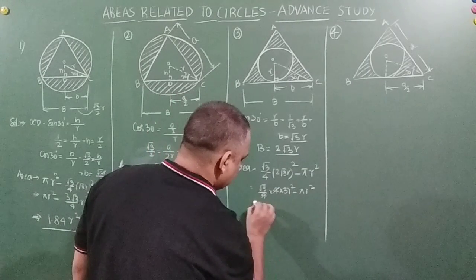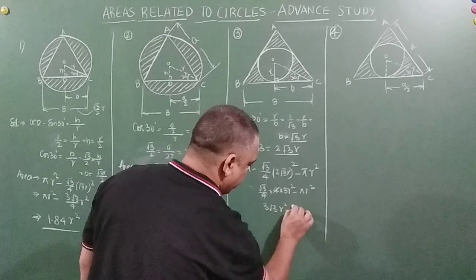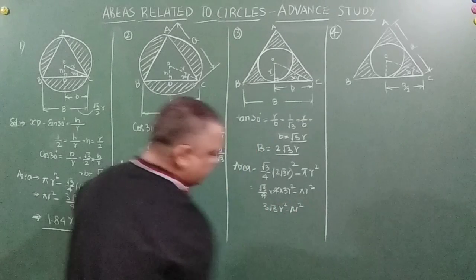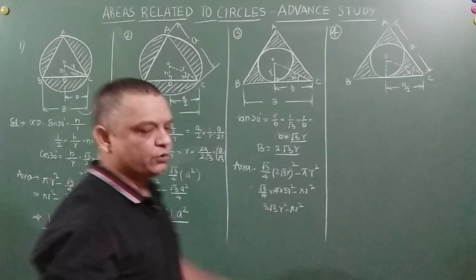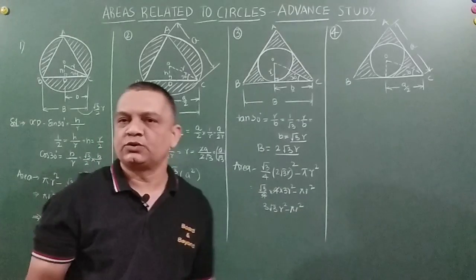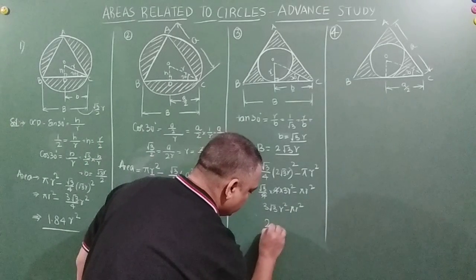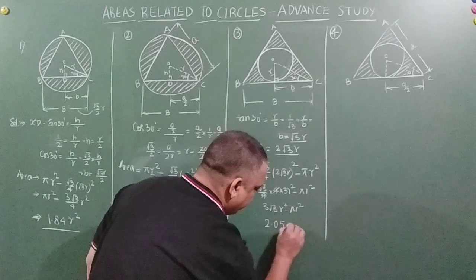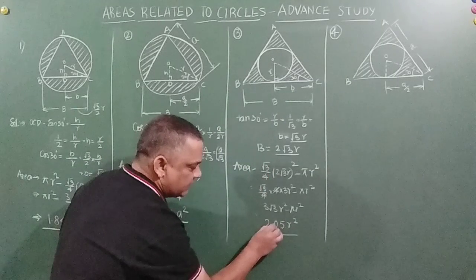So this becomes 3 root 3 r square minus pi r square. Taking r square common and solving it, replacing the value of root 3 as 1.732 and pi as 22 by 7, you will get the value of 2.05 r square. Right? So there is a decimal here.